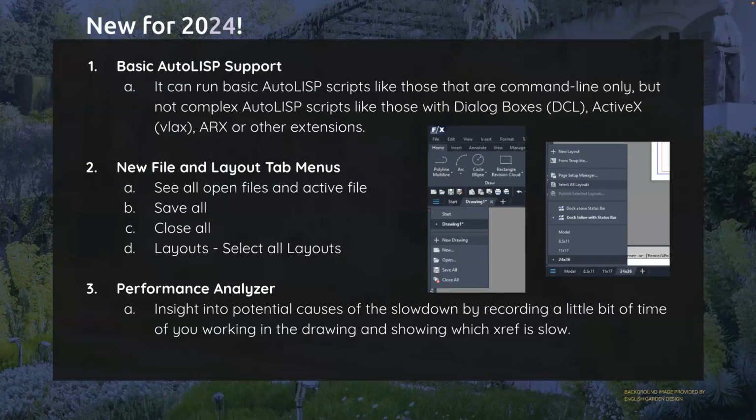And that has changed. There's now very basic, simple AutoLISP support. I will show you how that works. It is restricted, so you cannot run the appload command, but you can load the Lisp, and I'll show you how to do that.